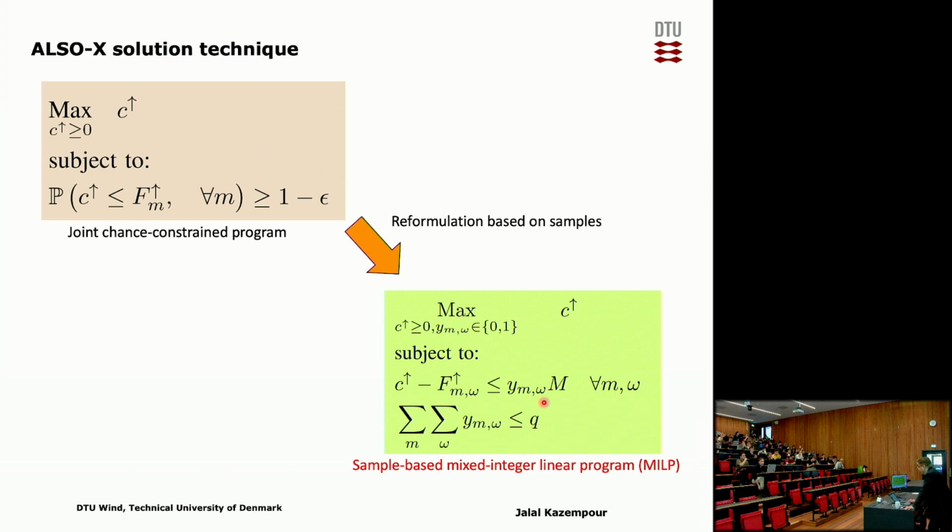Which one is binary? y. Yes. Y_m,omega is a binary variable. So you have one binary variable per minute per scenario or per sample. Okay? And then we use the big M to account for the violations regarding when y is 0 or 1.